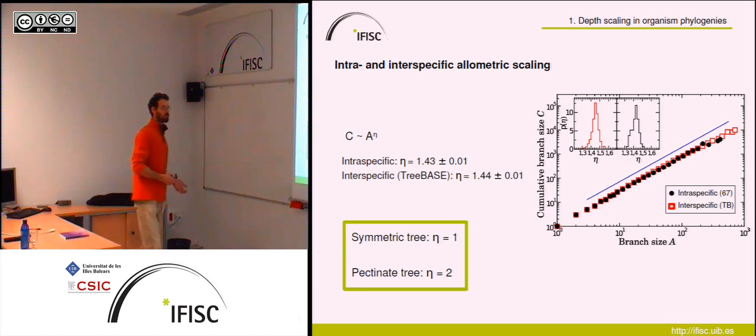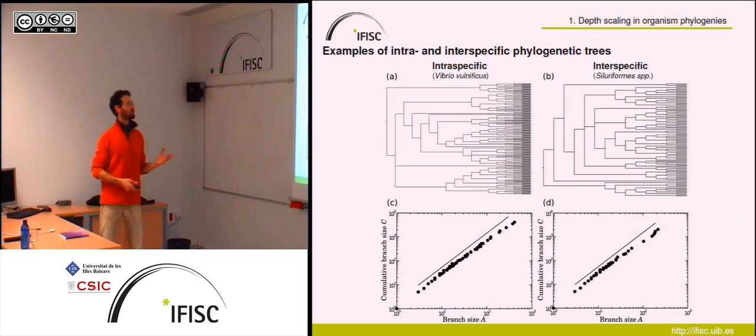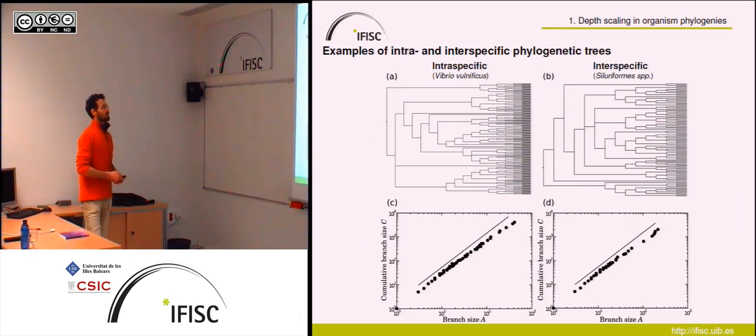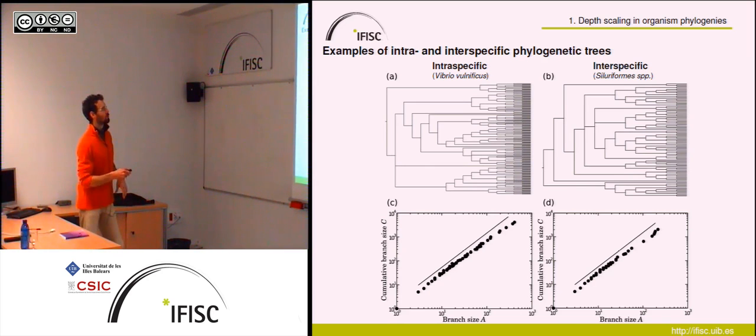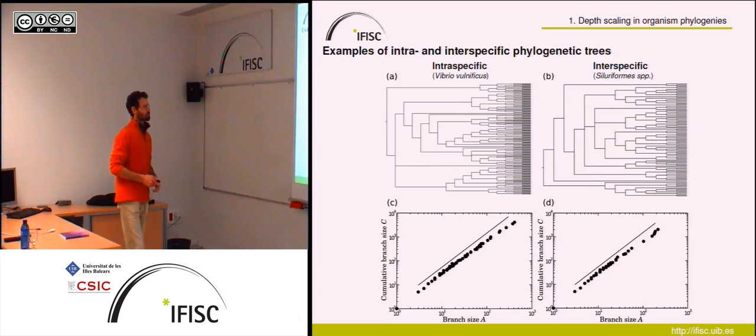The similarity between exponents of intraspecific and interspecific trees was also observed in the allometric scaling. As an example, here I show an intraspecific phylogenetic tree of different strains of the bacterium Vibrio vulnificus, and its corresponding allometric scaling.